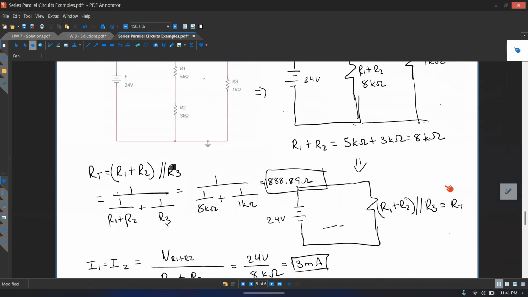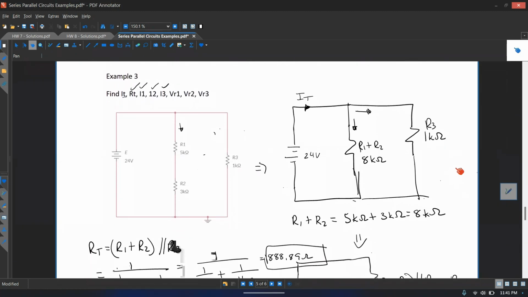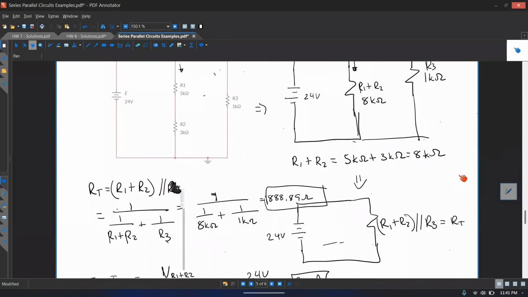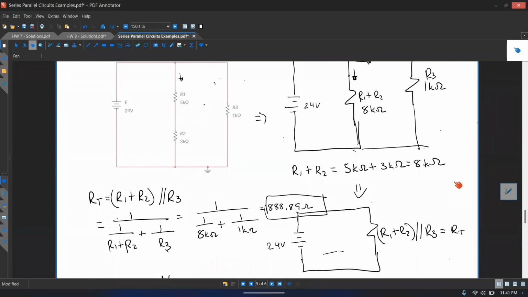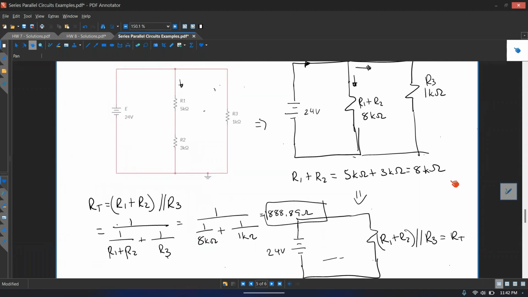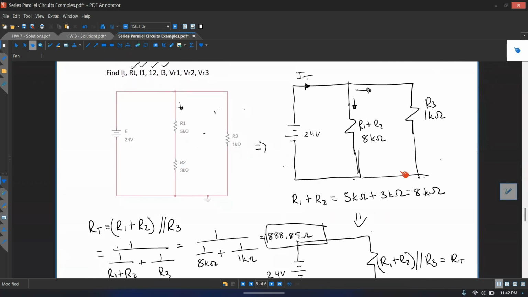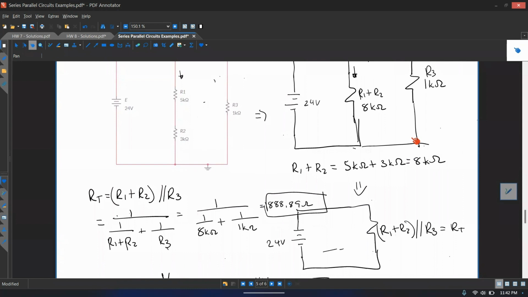All right, what else do we need to find? We need to find VR1, VR2, and VR3. I'm trying to think. Let's do a voltage divider to find the voltage across VR1 and VR2.